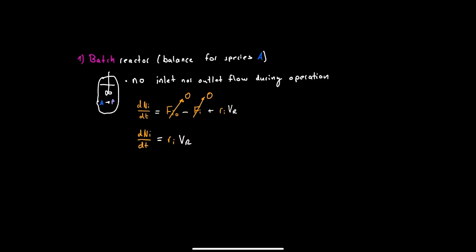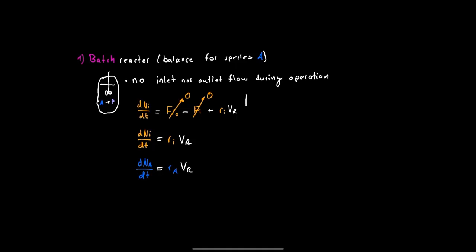So if we transfer it to the reactor we have shown here, we have a species A which reacts to the species P. We can say that the change of the species A with respect to time is going to be equal to the reaction rate of the species A times the volume VR.